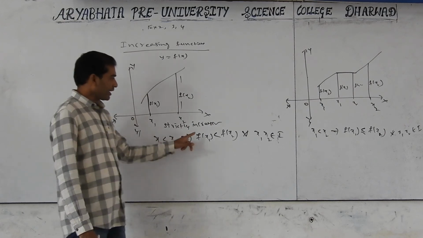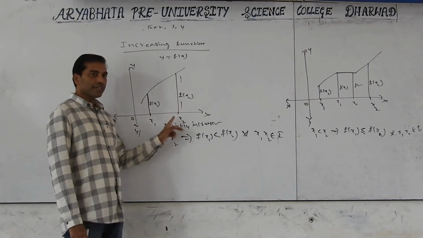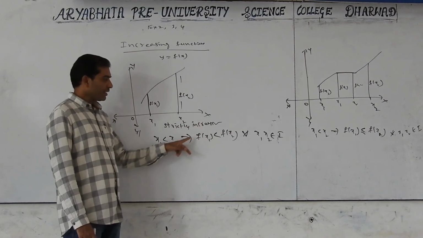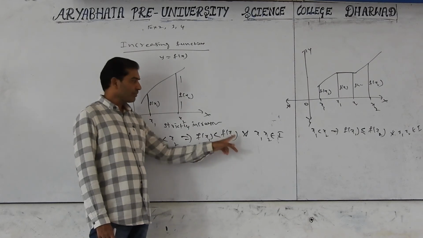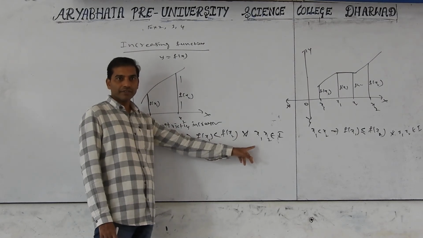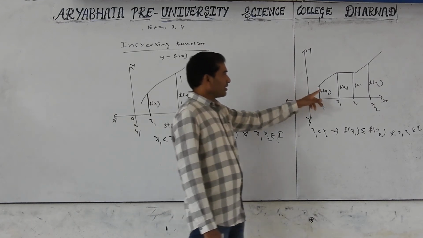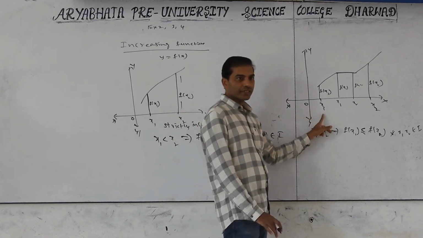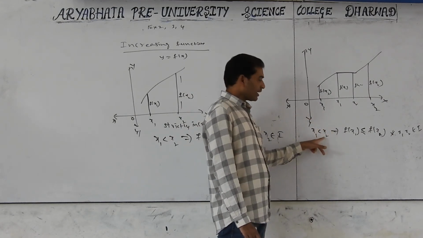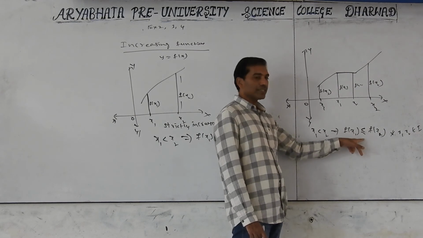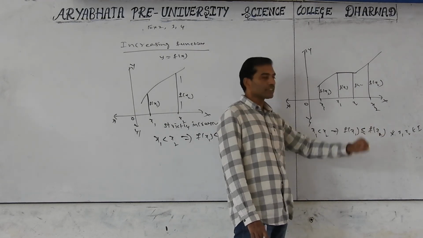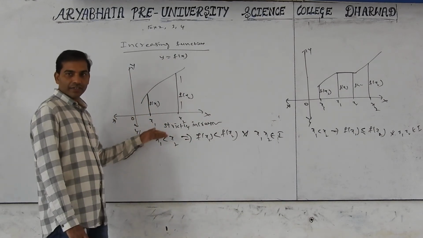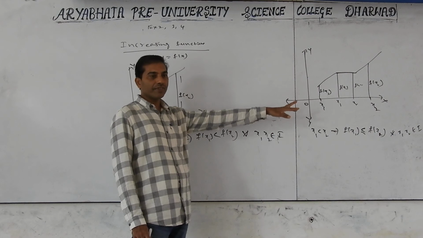A function f is said to be strictly increasing if x1 less than x2 implies f of x1 less than f of x2 for all x1, x2 belonging to I. Next, a function is said to be increasing if x1 less than x2 implies f of x1 less than or equal to f of x2 for all x1, x2 belonging to I. The difference understood?